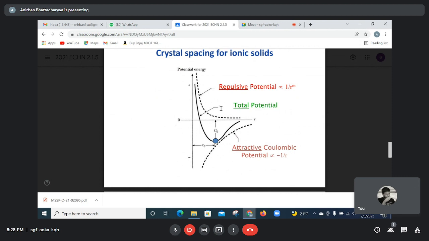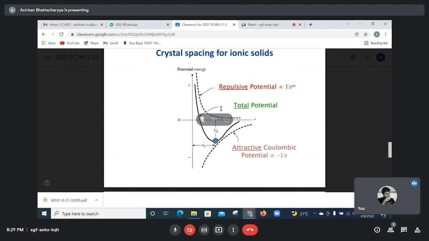Now, you know from thermodynamics that a system tries to minimize its energy. So where is the minima? That point given there at U0. And what is the distance between atoms? It is R0. So essentially, if you take two atoms and let them move freely, the minimum energy position is at a distance R0.